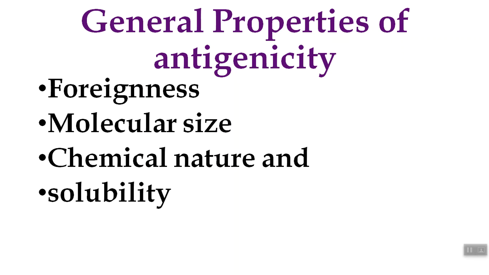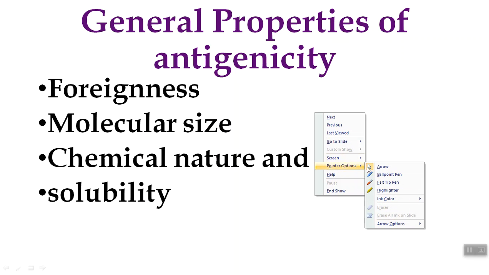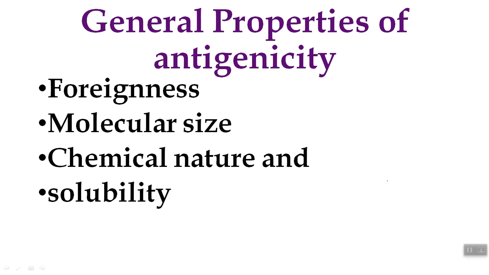It depends on the foreignness, molecular size, chemical nature and solubility. First we'll take up the foreignness. The first and the primary requirement for any molecule to qualify as an immunogen is that the substance is genetically foreign to the host.